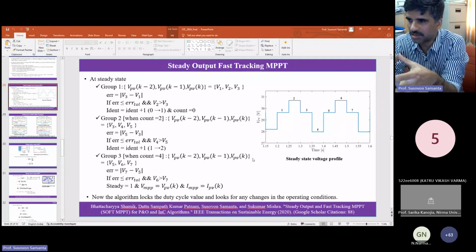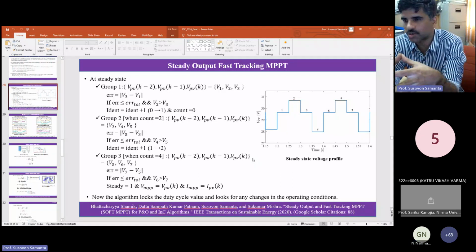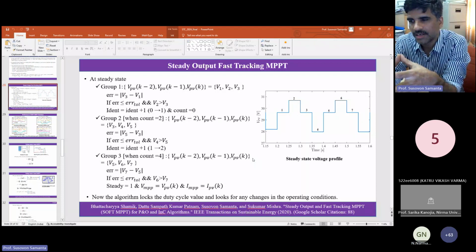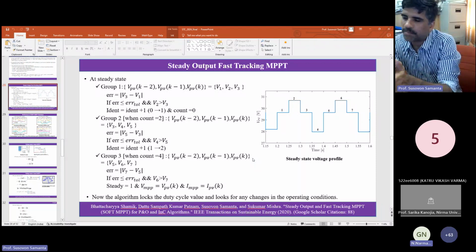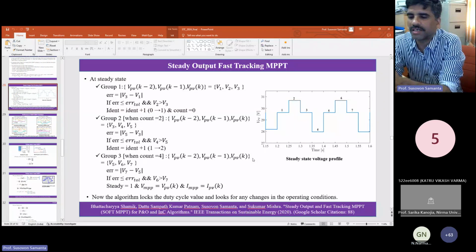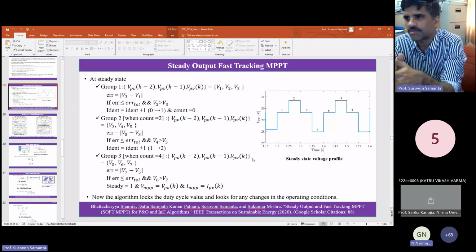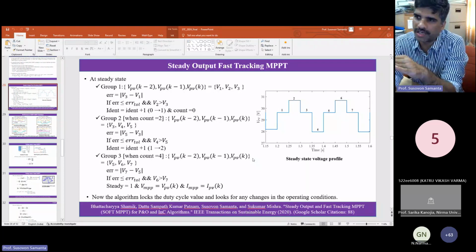Because solar is a very slow system, you can perturb your duty ratio with 1 second, 2 second variation. Whenever there is a change of duty ratio, you will move to another operating point.